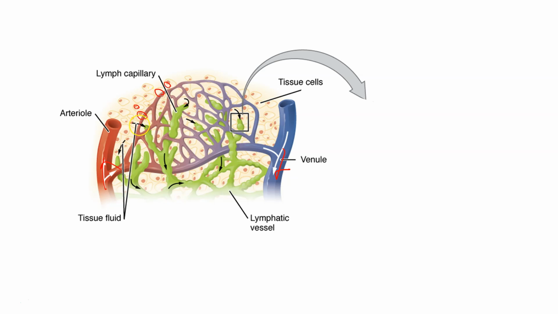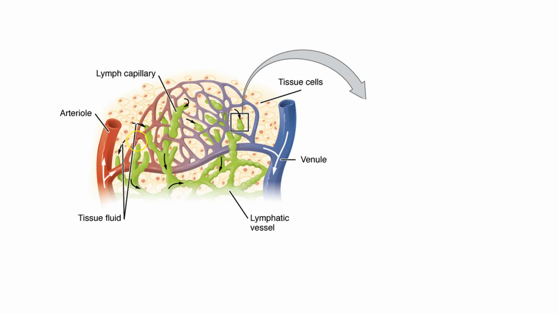It shows that fluid leaves out of the proximal end of the capillary bed, as we recall from our vessels and circulation lectures. What's interesting, and what we haven't talked about yet, is that there are these little capillary roots, almost. They're lymph capillaries, which interweave through the capillary bed.